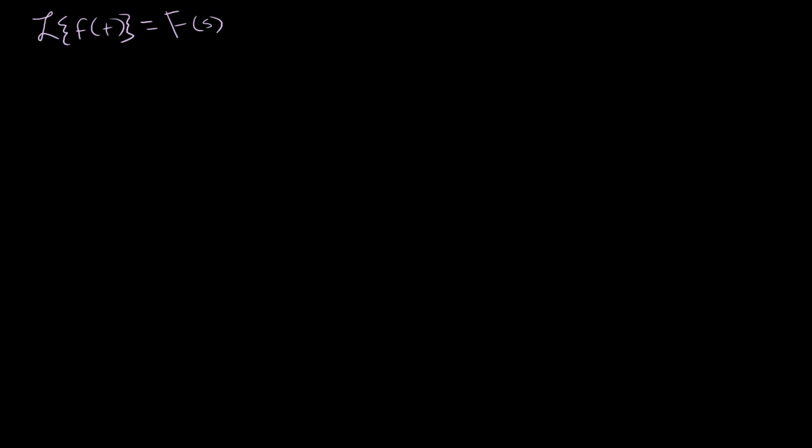Given that, in the last video, I showed you that if we deal with the unit step function that becomes 1 at some value c, times some shifted function f of t minus c, this is just equal to e to the minus cs times the Laplace transform of just this function right there. So e to the minus cs times F of s.